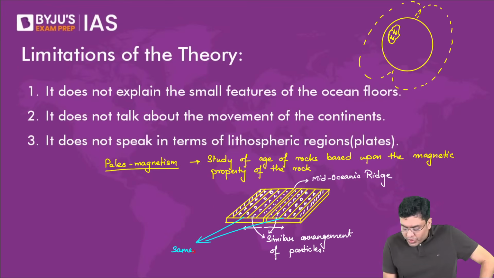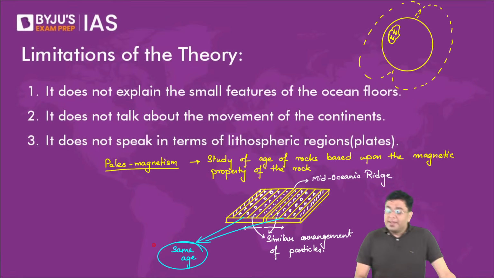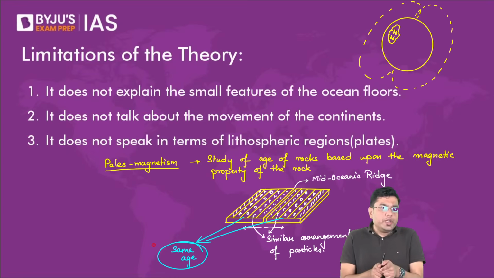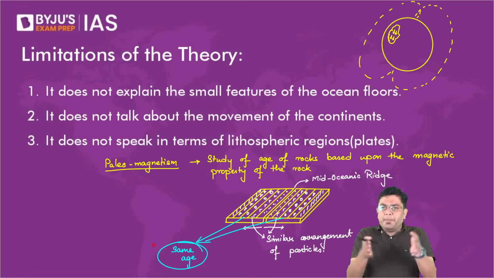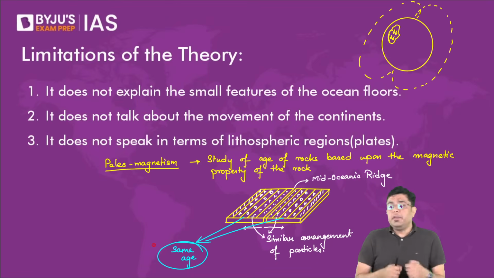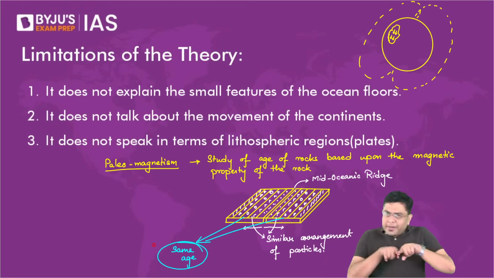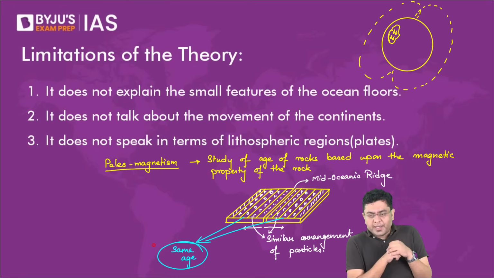Same age. So what does that mean? It means they would have been created simultaneously at the region of the mid-oceanic ridge, and slowly and steadily the newer crust which is continuously being formed has pushed them aside. So that again reinforces his theory that newer crust is always getting created at the region of the mid-oceanic ridge, and slowly and steadily they are getting pushed aside. Is that understood?